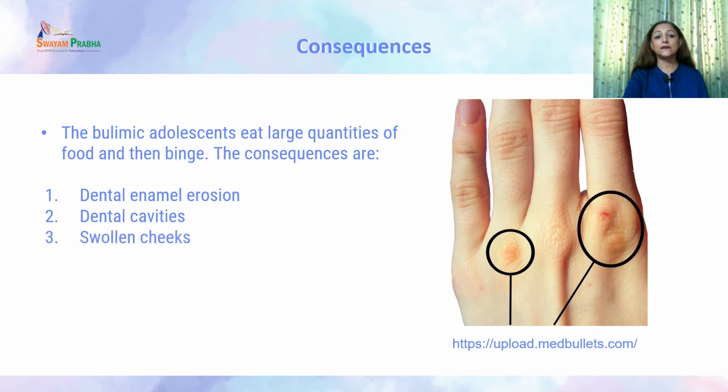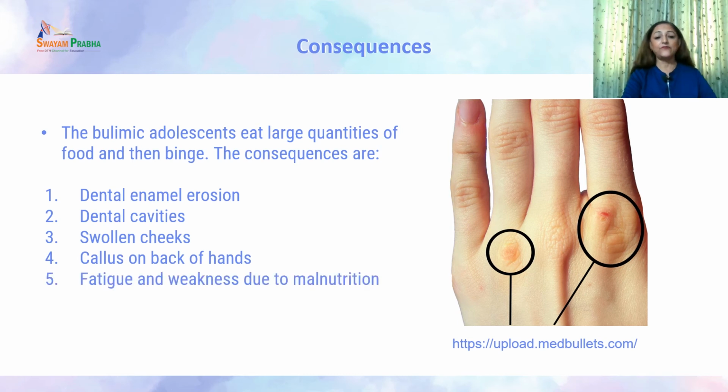They will have swollen cheeks and calluses on the back of their hands, and they feel weak and fatigued due to malnutrition. Females have irregular menstrual periods, again because of malnutrition. So these are the important eating disorders. Now let us discuss some important dietary deficiency disorders among these adolescents.